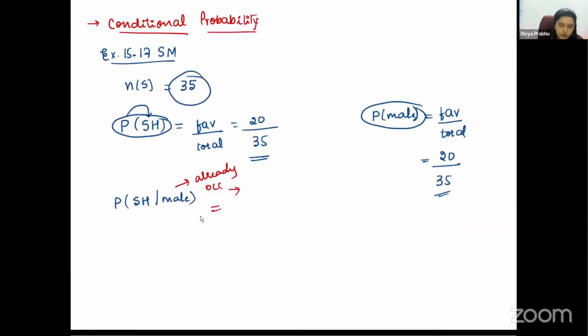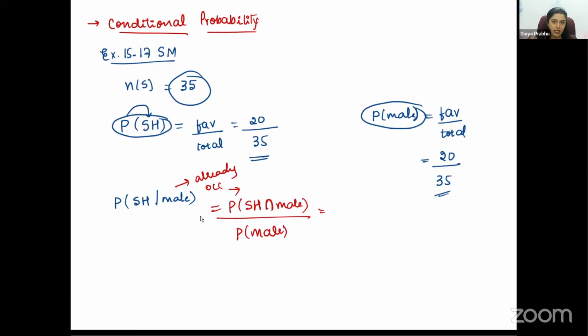So, what is the formula? The formula is probability of SH intersection male divided by the already occurred event, which is probability of male. So, what do we mean by SH intersection male?